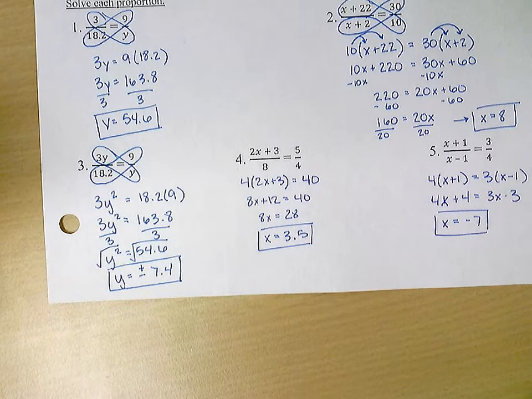Okay, so I can't believe you did this. 4 and 5 are on the board. Kind of right. Number 4, you should get 3.5, and 5, you should get -7. Oh, I did it. Yeah, you did it. Figured it out, Sheila.